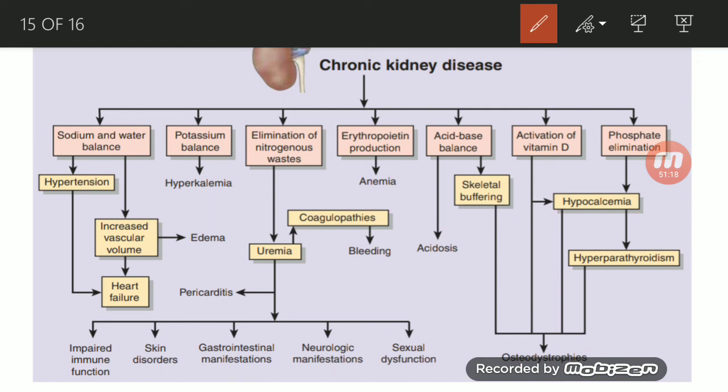Next is activation of vitamin D. Kidney is responsible for activation of vitamin D. The main function of activated vitamin D is to absorb your calcium.